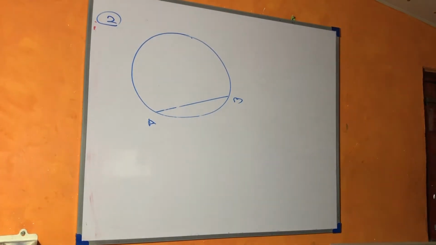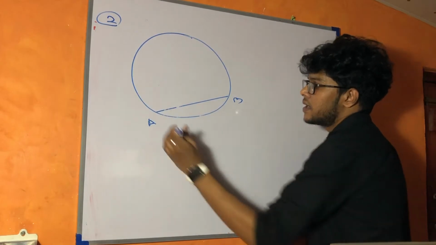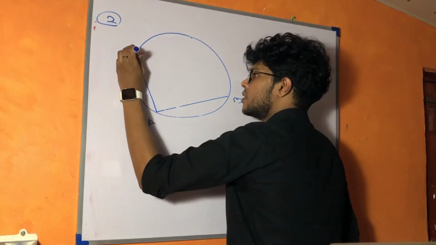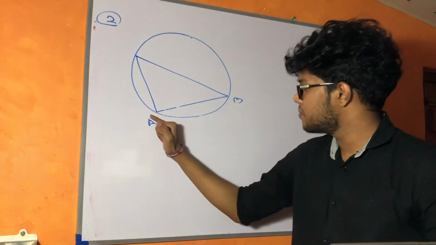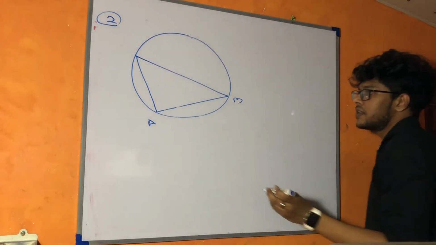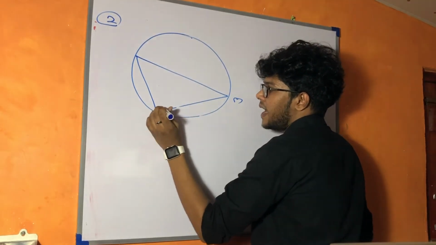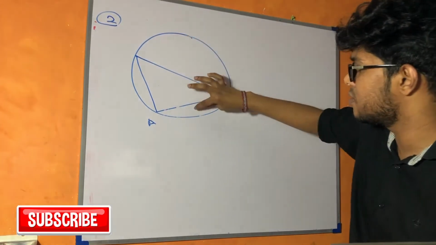So the next theorem is, here we have this chord, and now if I draw the angle subtended by this arc on the remaining part of the circle. The theorem is the angles in the same segment. I told you this is the major segment, this is the minor segment.